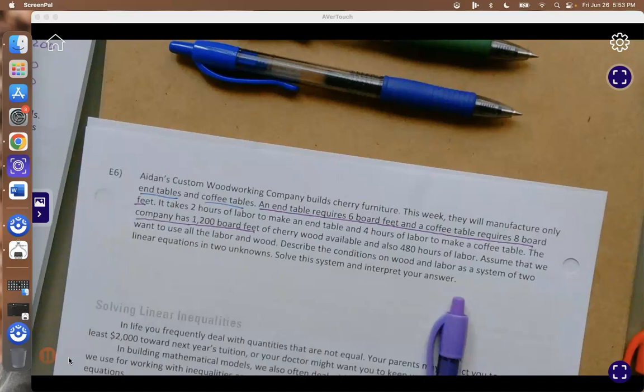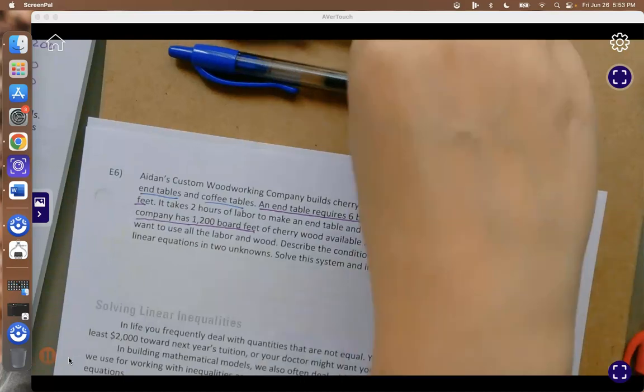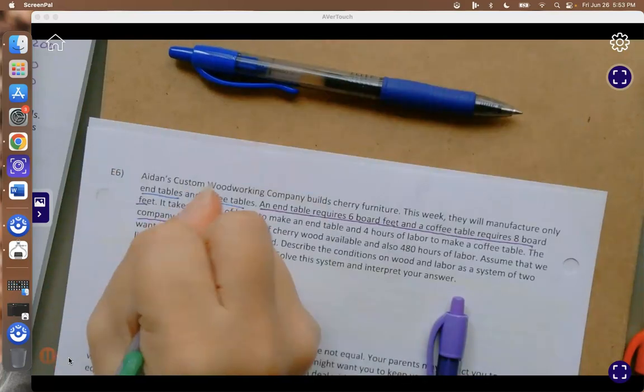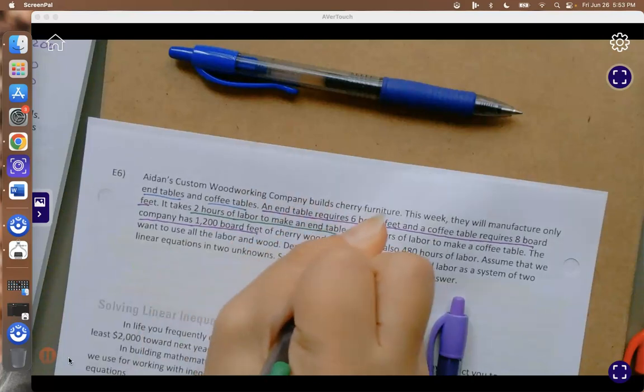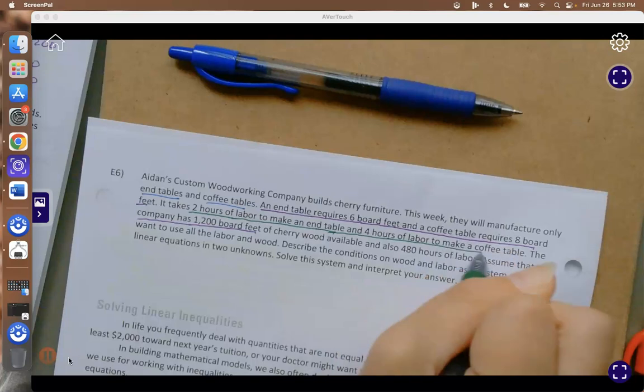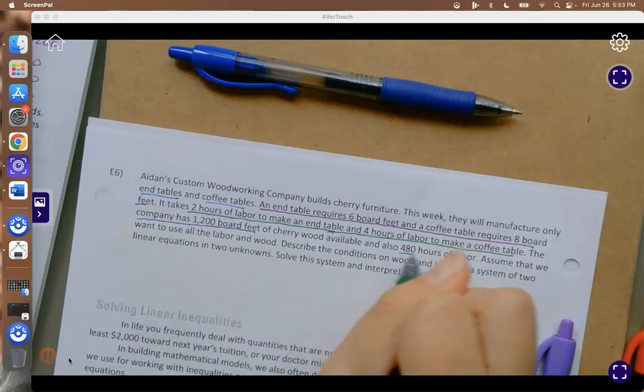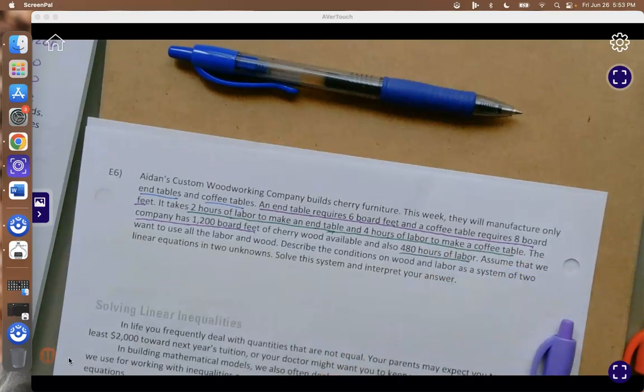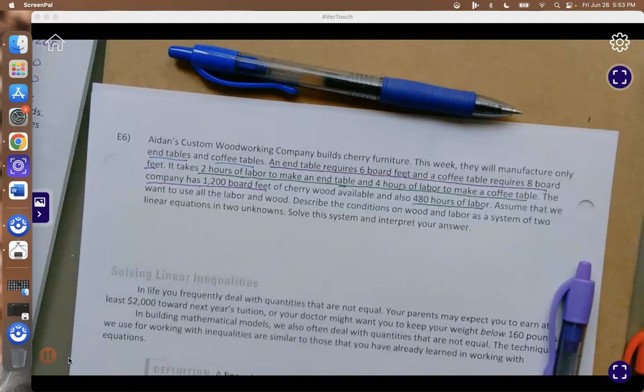Okay, then it takes 2 hours of labor to make an end table and 4 hours of labor to make a coffee table. And they have 480 hours of labor to do this. Okay? You're wanting to use all your labor and all your board. Okay? So we got to make an equation out of this.